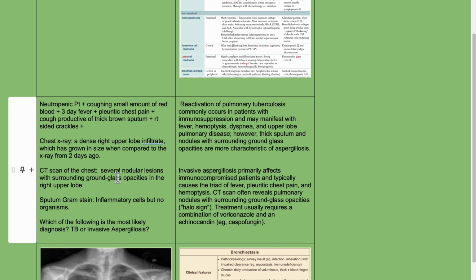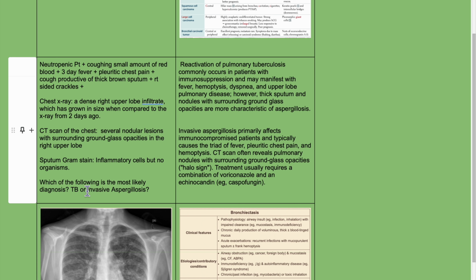CT scan of chest, severe nodular lesions with surrounding ground glass opacities in right upper lobe. Sputum gram stain: you have seen inflammatory cells but no organisms. Which of the following is the most likely diagnosis? TB or invasive aspergillosis?